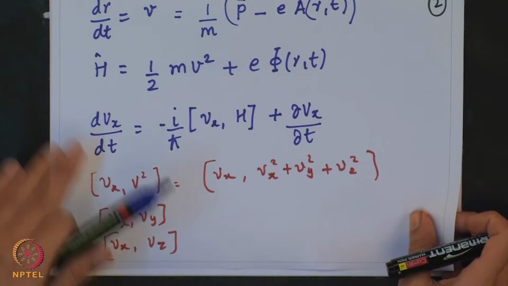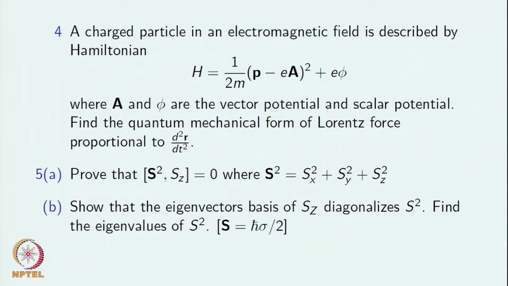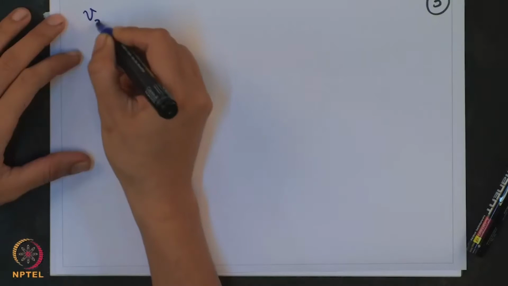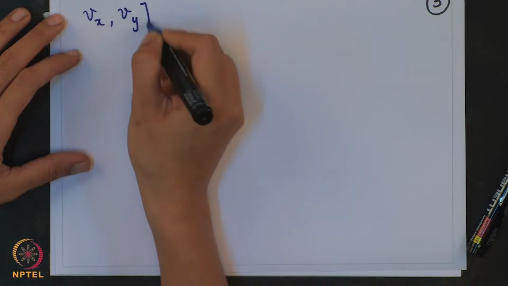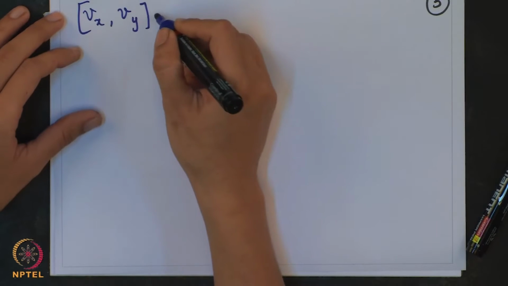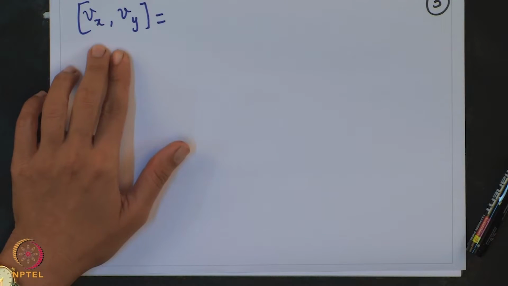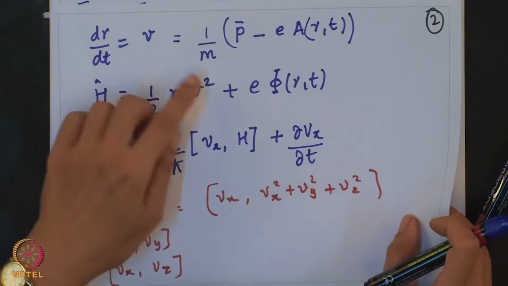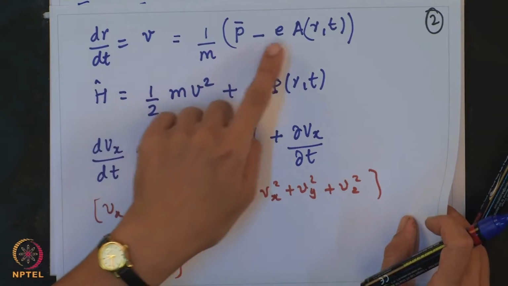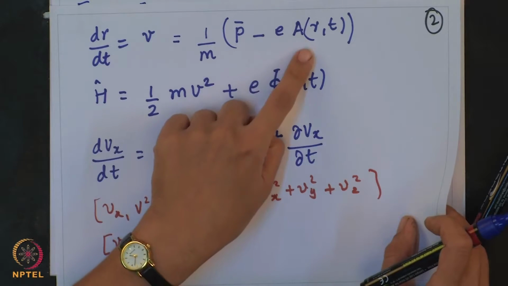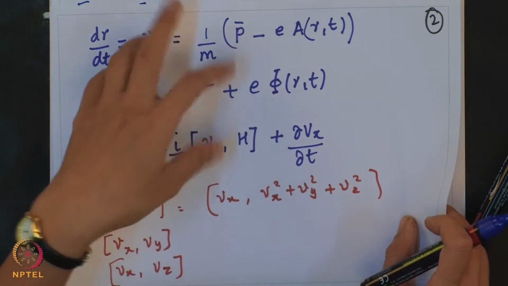So, doing reverse engineering, that is going from the bottom to the top to get the result, let us evaluate what is [V_x, V_y]. So, for [V_x, V_y] you will substitute for V, that is 1 by m (p_x minus eA_x). Similarly, for V_y, so you will have 4 terms.